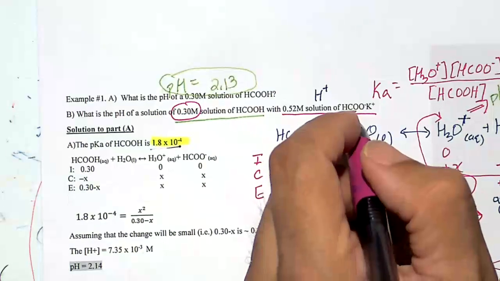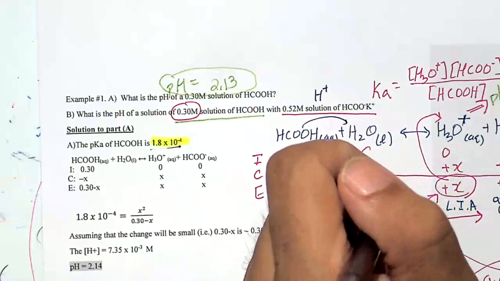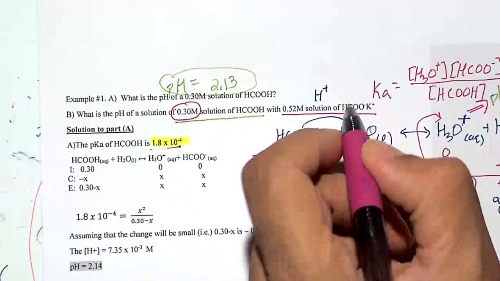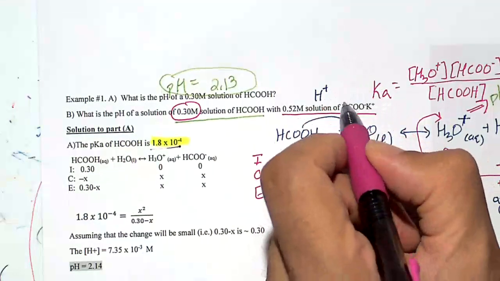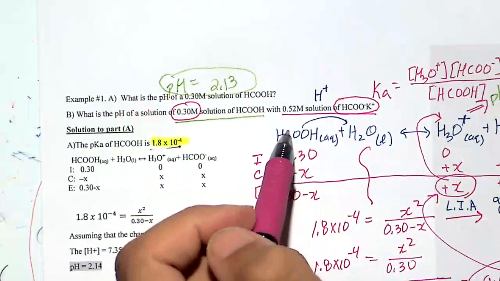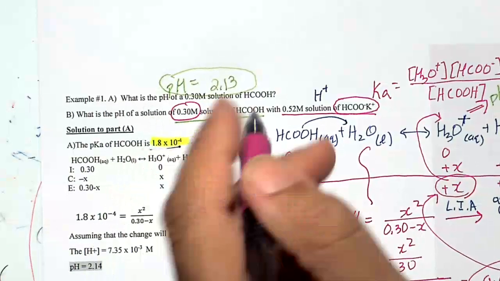Okay, potassium formate. So what is the common ion here between potassium formate and formic acid? In part B, we're adding some potassium formate to this.